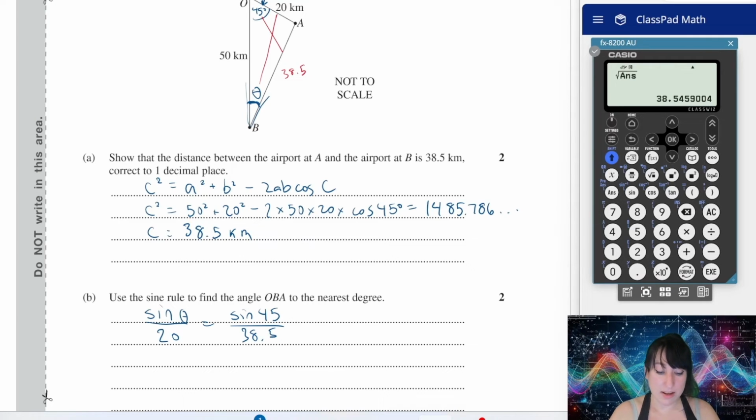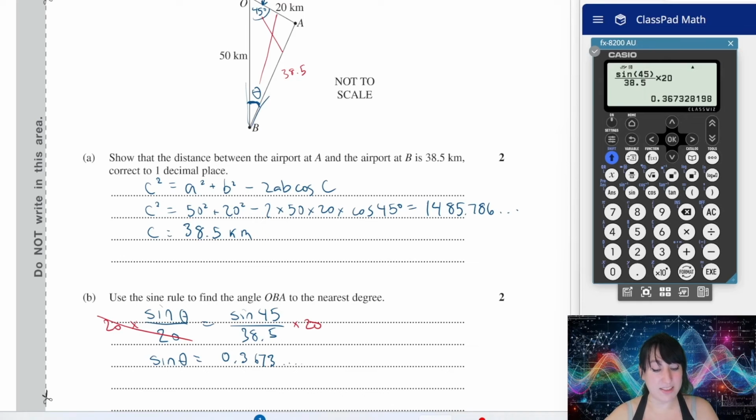Solve for sine theta multiplied by 20. So we'll calculate that real quick. That's going to be 0.367 and lots of digits.